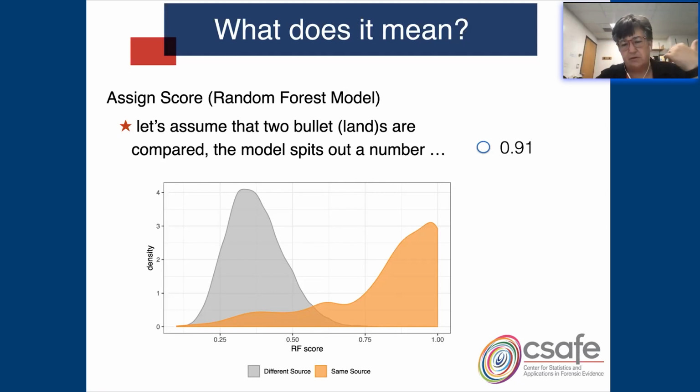The orange curve is telling us how same source lands usually score in terms of the random forest. The gray curve shows us how different source lands compare in terms of the score. So we see that usually the orange values are further to the right, indicating that the scores are higher. So let's assume we've got this score of 0.91. We find that on our scale.